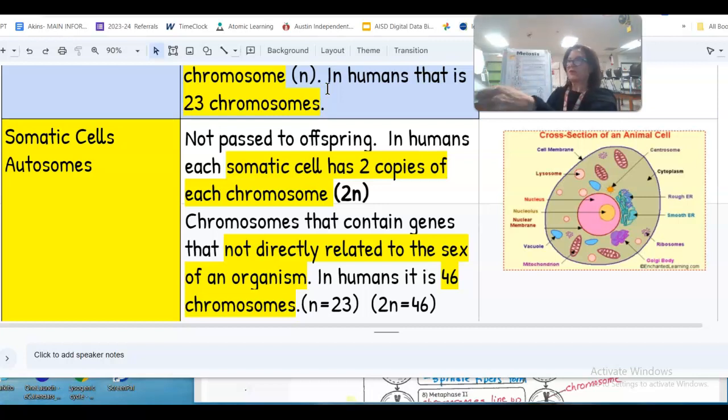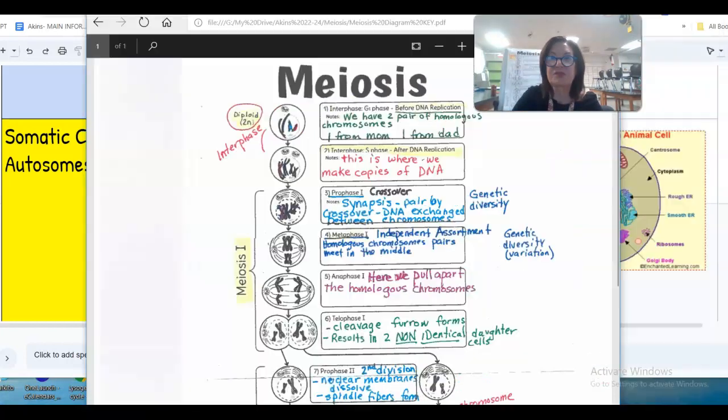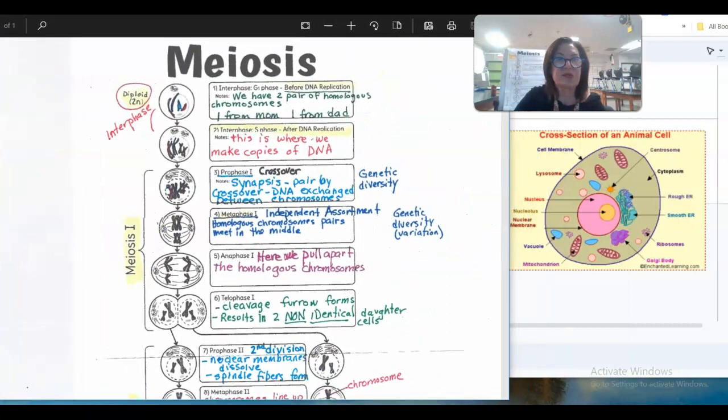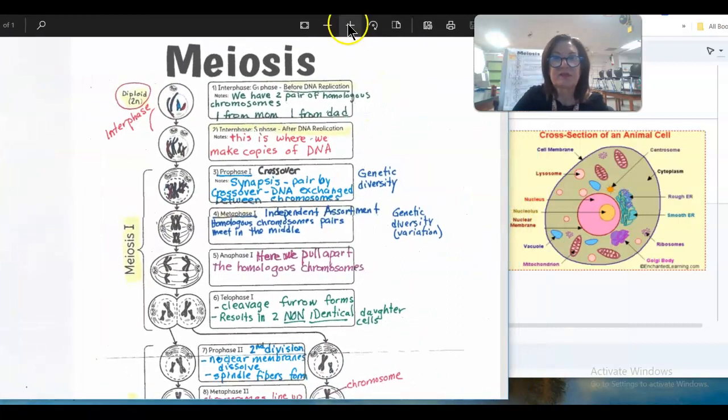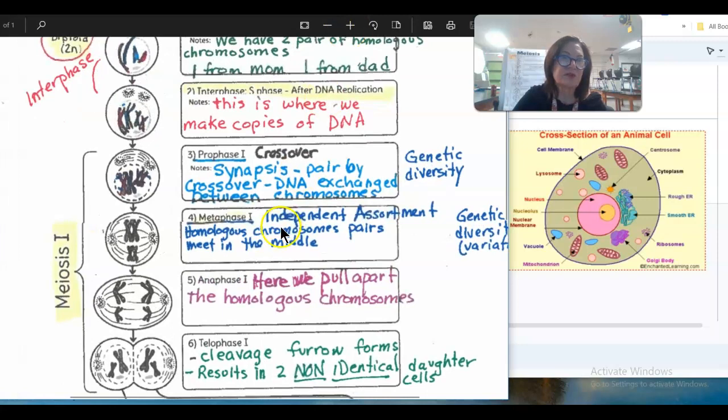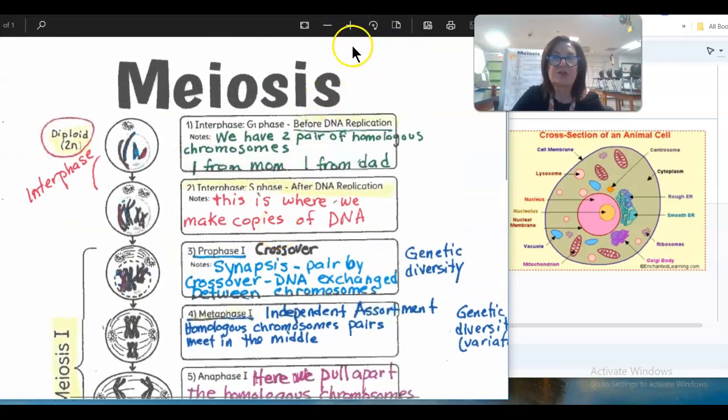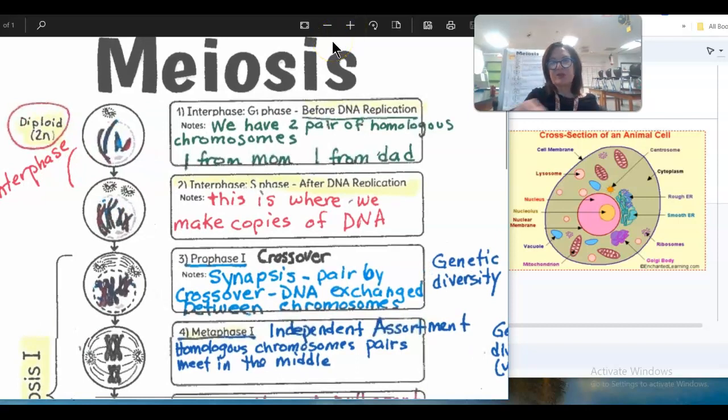And what you're going to do is you're going to be filling this in, and I am going to now show you what this is going to look like. So let me make this a little larger. This is your diagram of meiosis, and you're going to be filling this stuff in. So this first cell at the very top is a diploid cell.